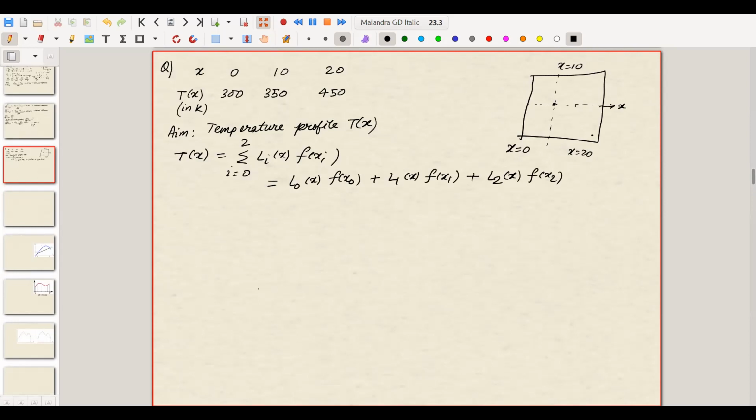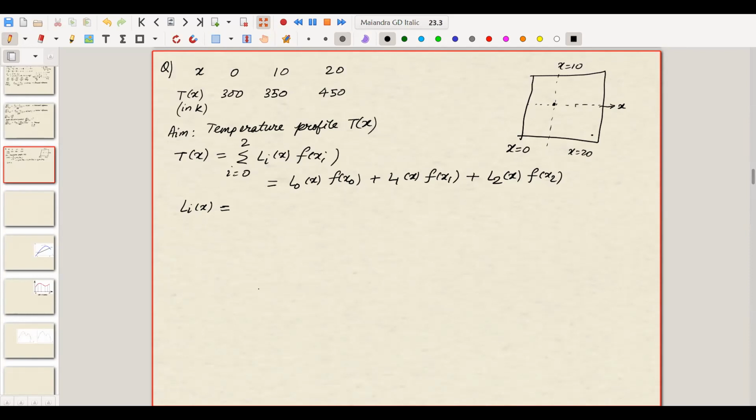So how do these Lagrange polynomials look like? Any ideas from your previous semester? How does Li of x look like? Yeah.